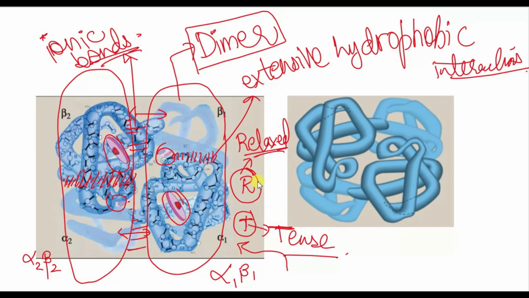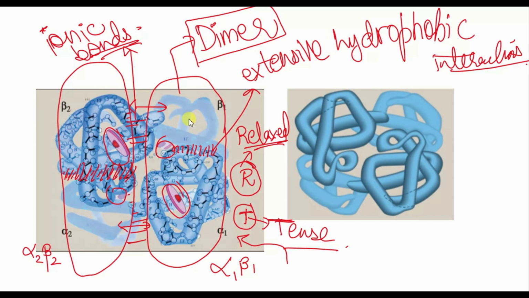So we can say that the R conformation has a much higher affinity for oxygen as compared to the T conformation of the hemoglobin. This change in conformation of the hemoglobin is known as the cooperative behavior of hemoglobin, and we are going to discuss the cooperative behavior in detail in the upcoming lecture.